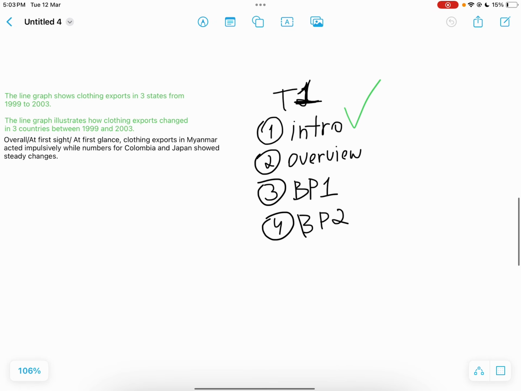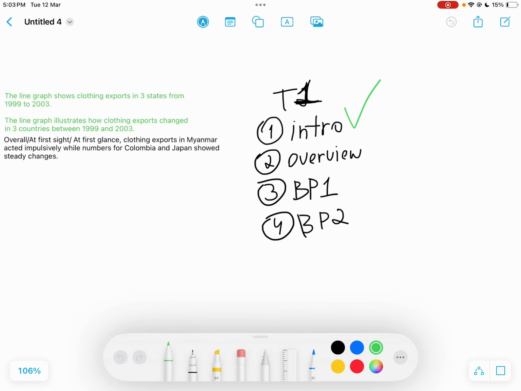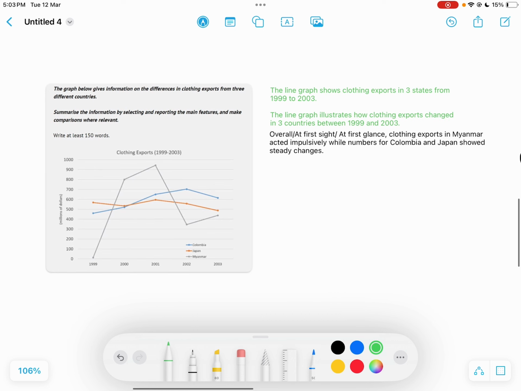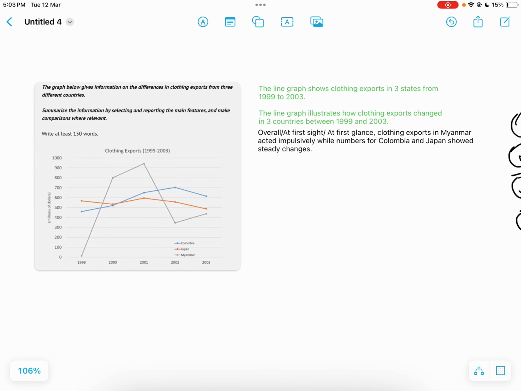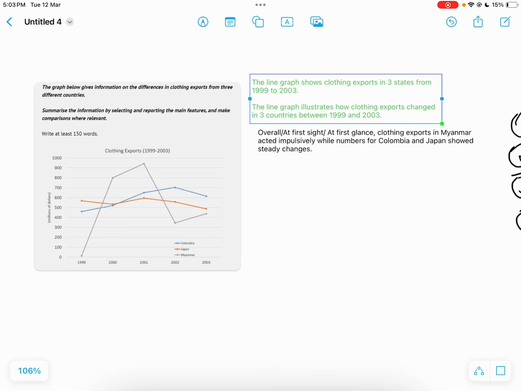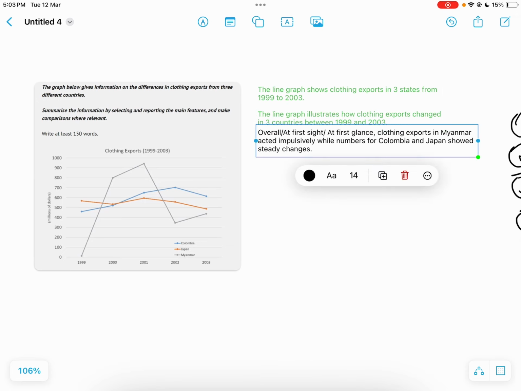So we have finished the introduction and overview. Today let's focus on body part 1. How to write body part 1 in writing task 1. Here we have the introduction and overview.